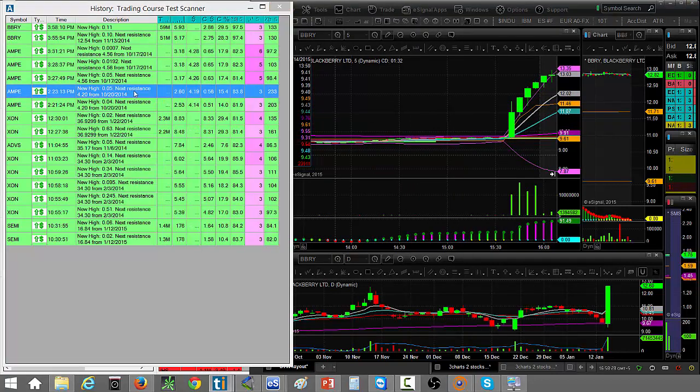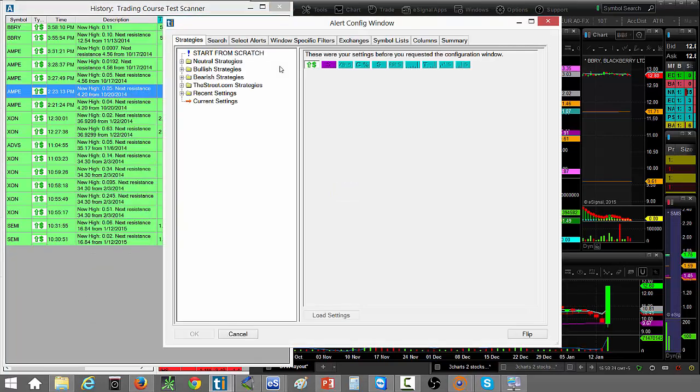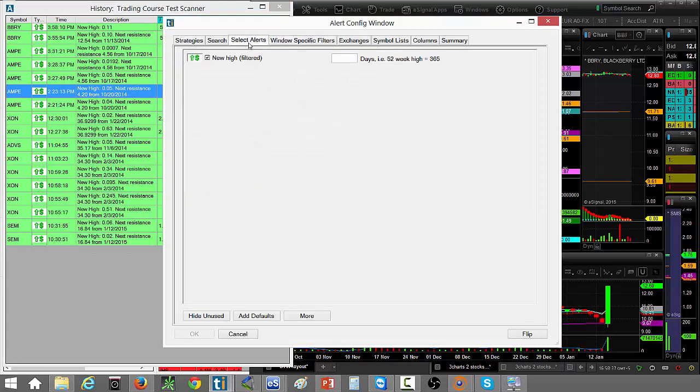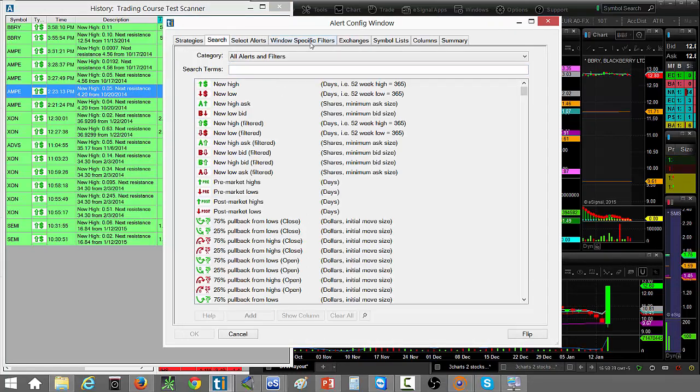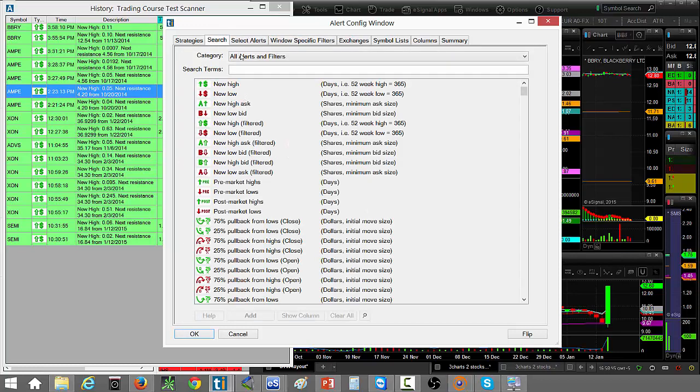So I might go into this and say configure. I like the results, but I'd like it more if we only got stocks that, well, let's say are actually at 95, really riding that Bollinger Band.